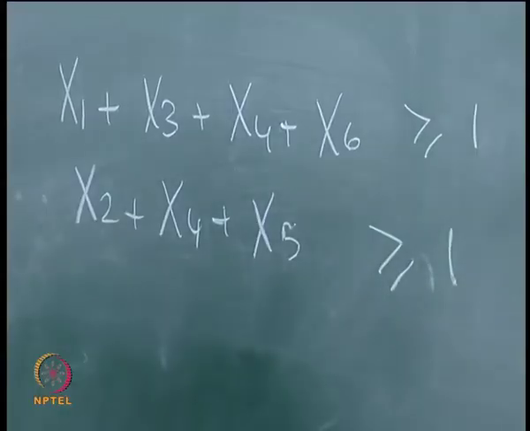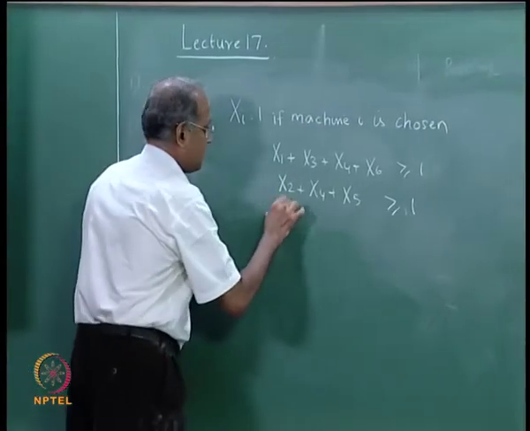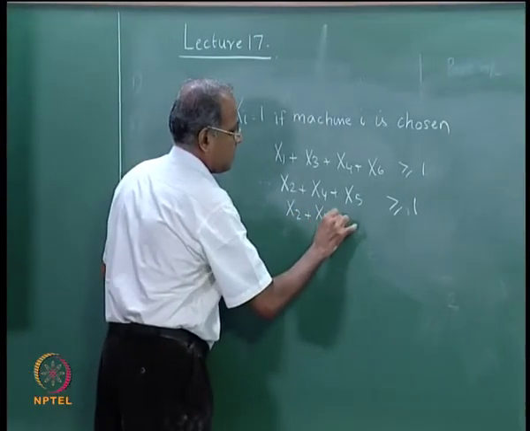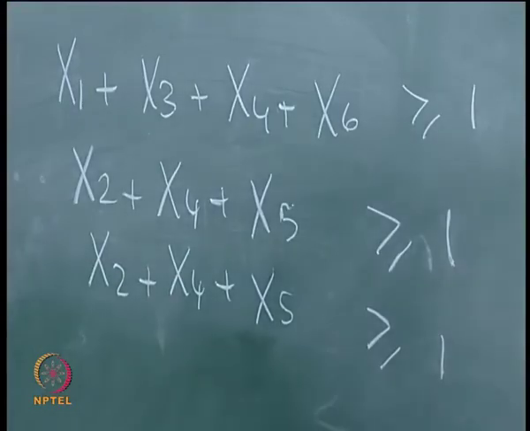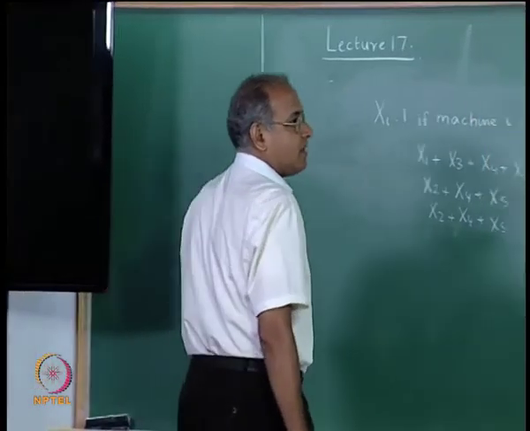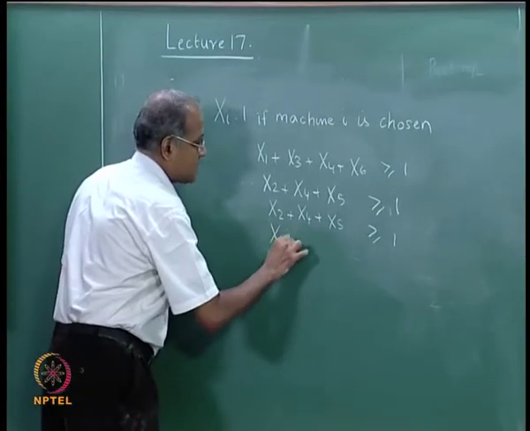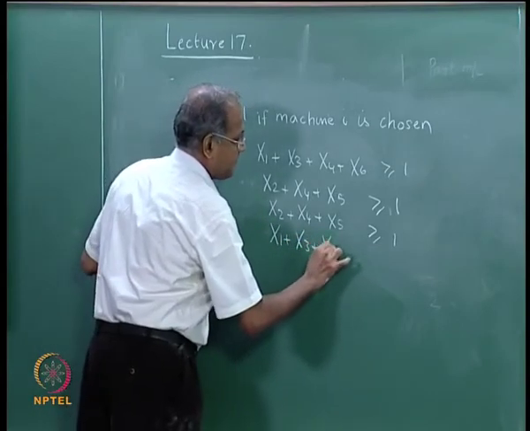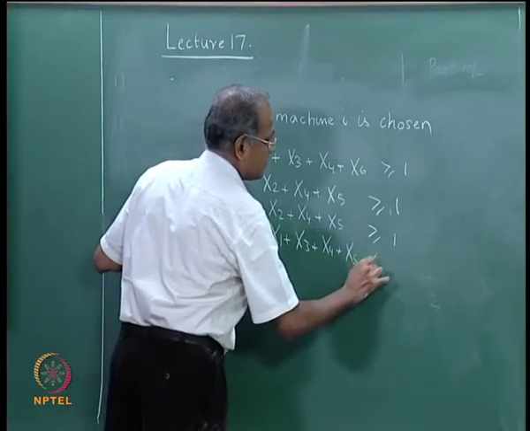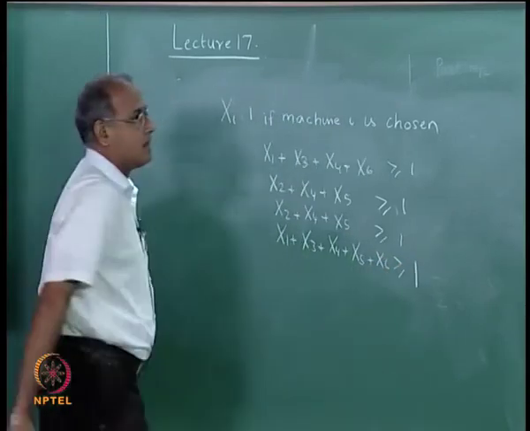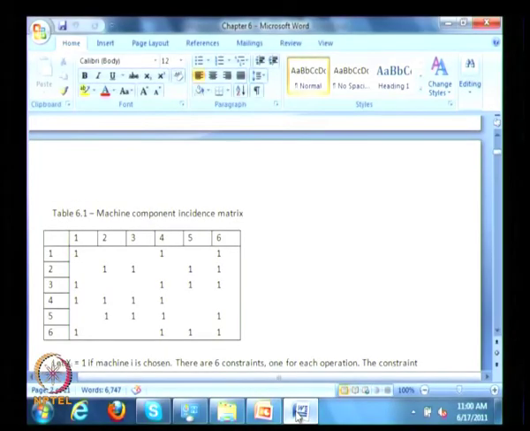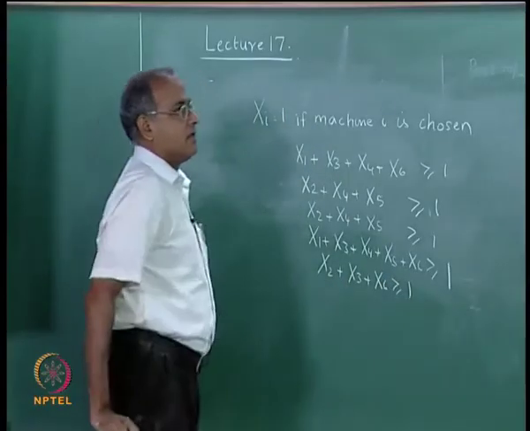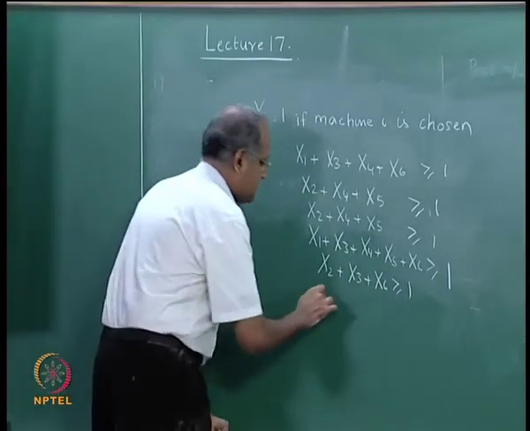To carry out the third operation, x2 plus x4 plus x5 greater than or equal to 1. To carry out the fourth operation, x1 plus x3 plus x4 plus x5 plus x6 greater than or equal to 1. The fifth operation, 2, 3 and 6, and the last operation, 1, 2, 3, 5, 6.